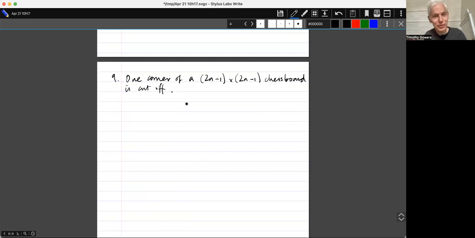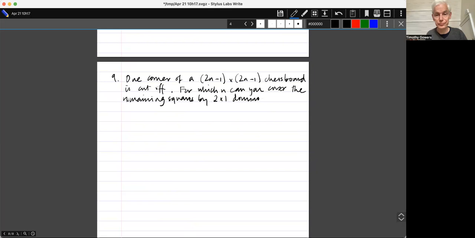For which n can you cover the remaining squares by 2 by 1 dominoes, so that half the dominoes are horizontal?